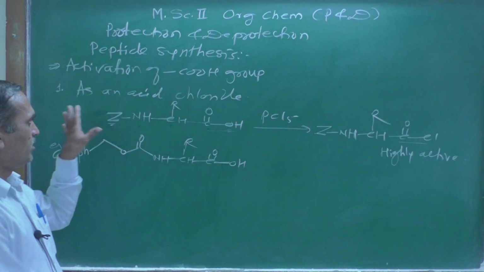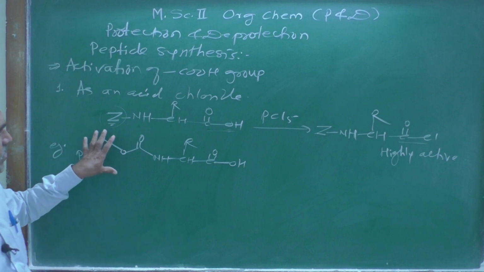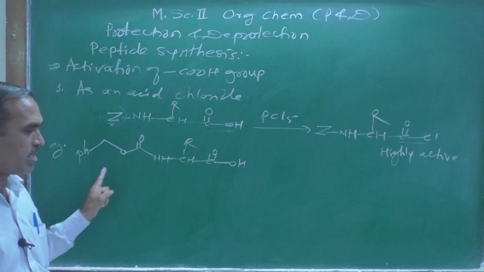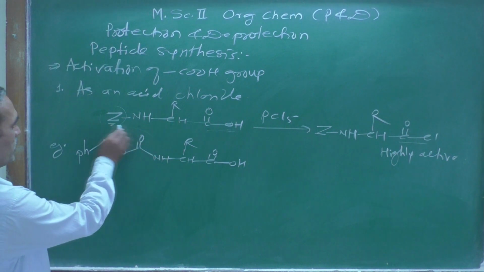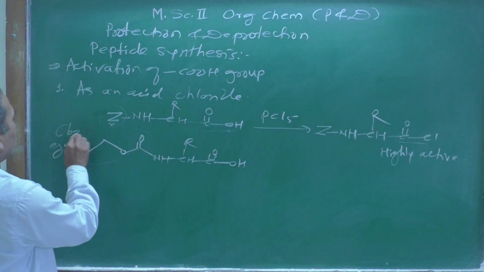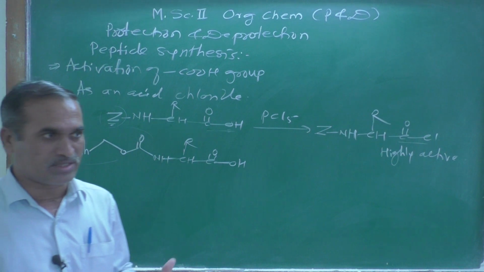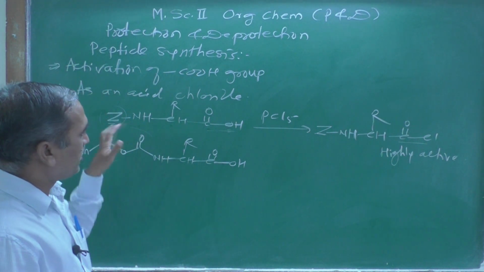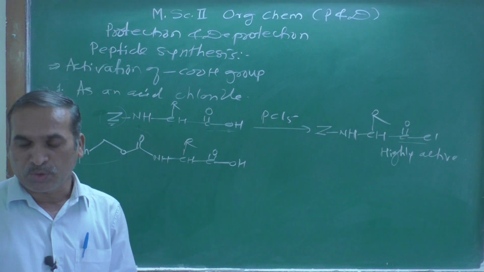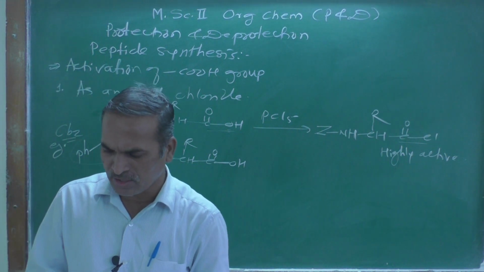Instead of Z, we have taken a CBZ group, that is a benzyl carboxy group. In short, we can write it as CBZ, carbobenzoxy group, and it is a suitable protecting group used for the amino group.